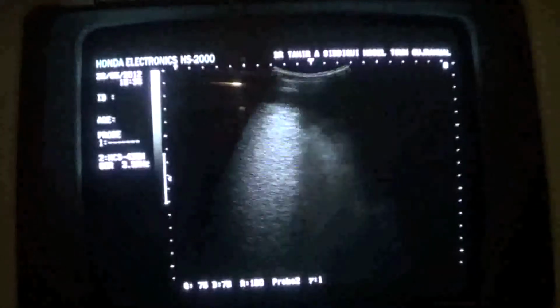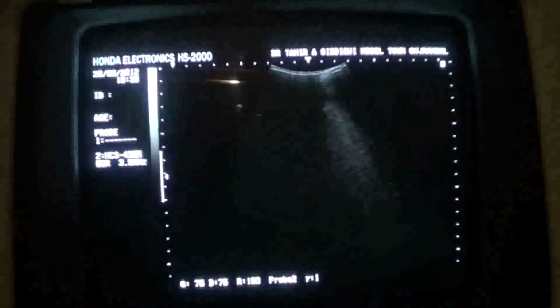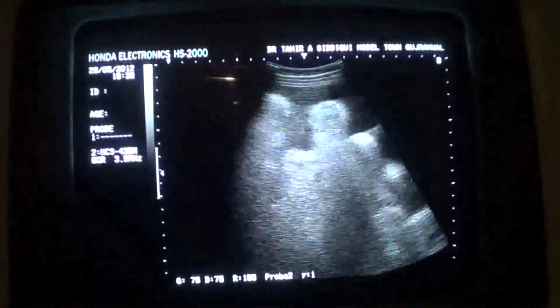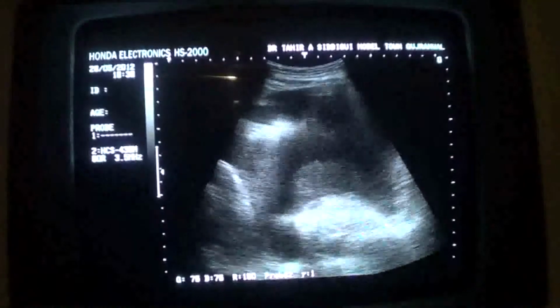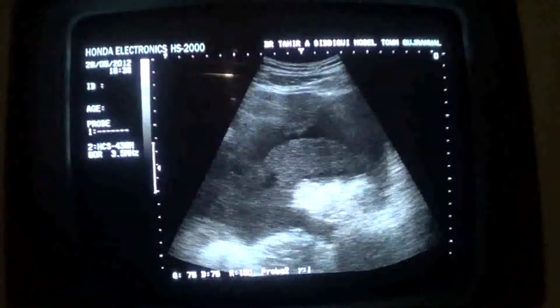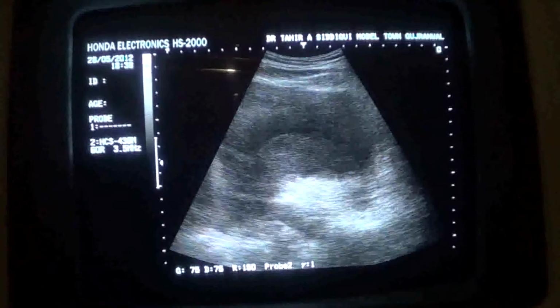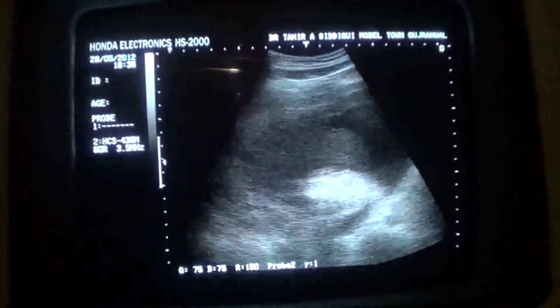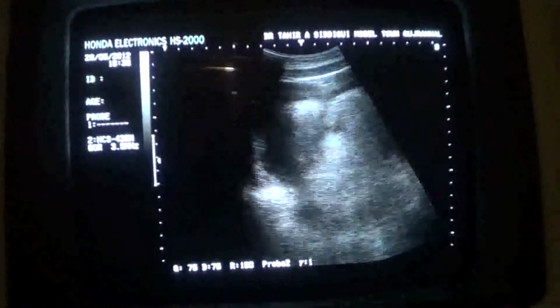So the spleen and the left kidney are normal. Rest all of the abdomen is filled with bowels floating among fluid. A lot of fluid is surrounding them.